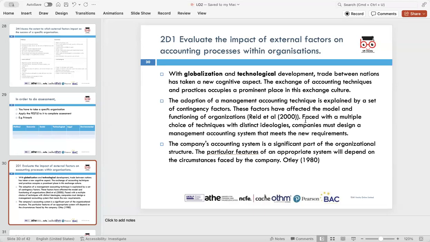When confronted with a wide variety of approaches, each of which adheres to a different ideology, businesses are required to devise a management accounting system that is capable of satisfying the most recent needs. One of the most important aspects of organizational structure is the accounting system that the company adopts. The specific characteristics of an appropriate system will be determined by the characteristics of the situations that the organization is currently facing.